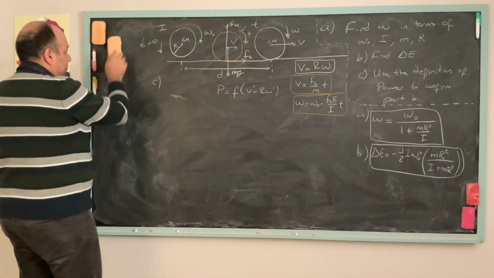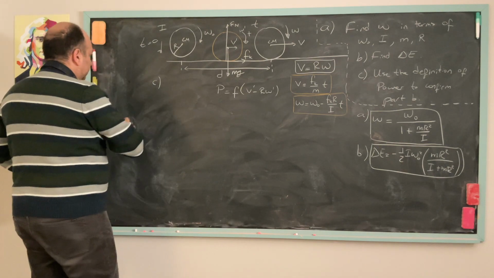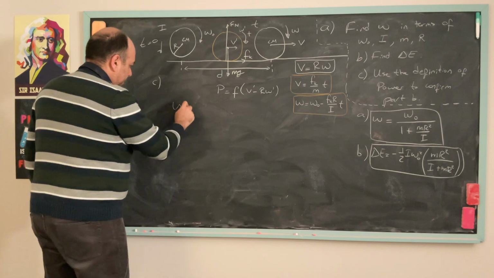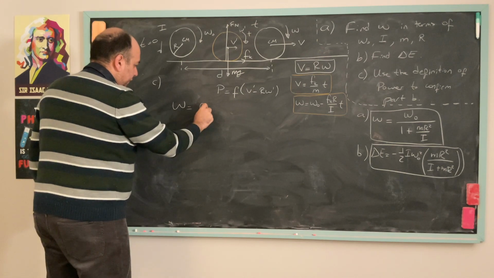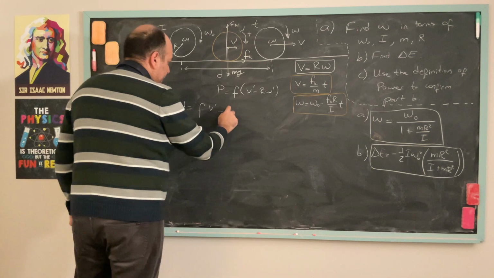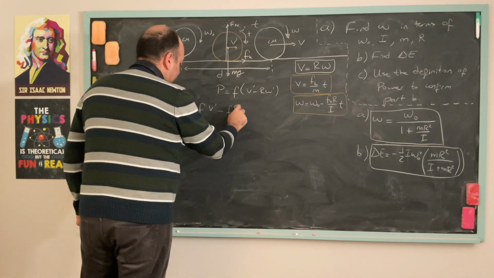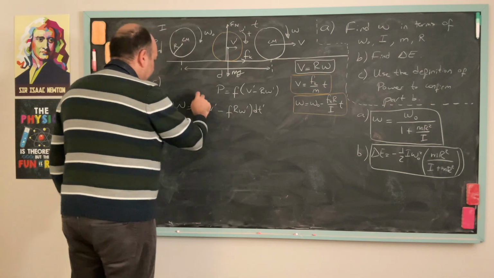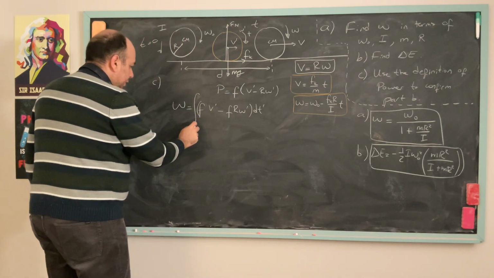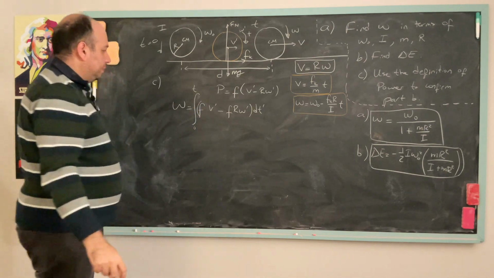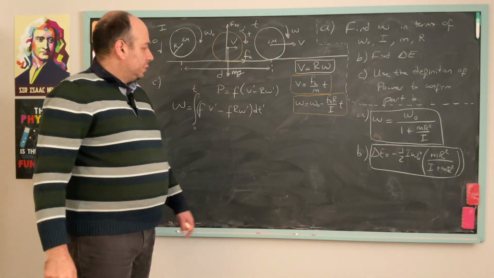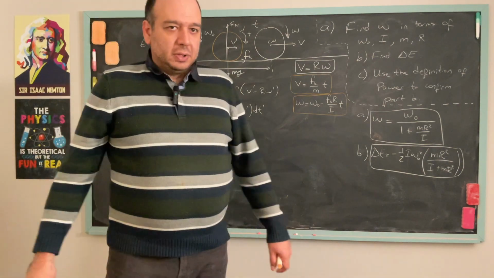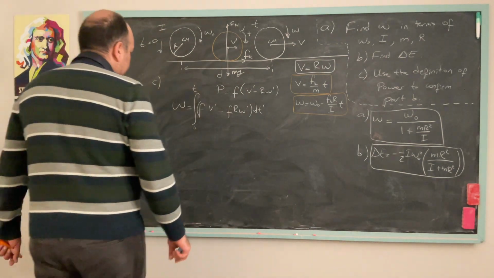So now the work done by this friction force would simply be equal to the integral of F v prime minus F R omega prime, dt prime, where t prime, the time, changes from 0 to t. So we simply need to take this integral and show that this work done is really equal to the change in the total mechanical energy of the system.